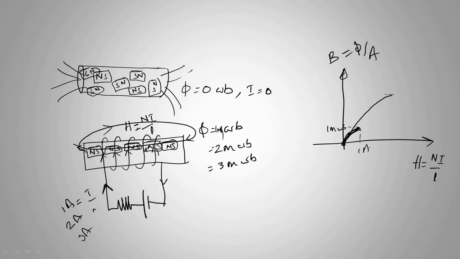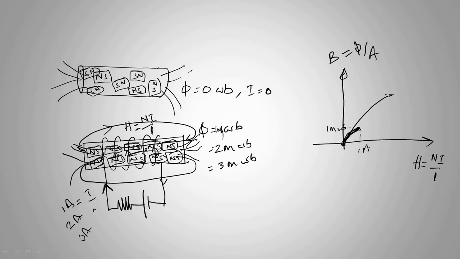At some point, all the dipoles in the magnetic material are oriented in a particular direction. There are no more dipoles to orient. That means the magnetic material is saturated.